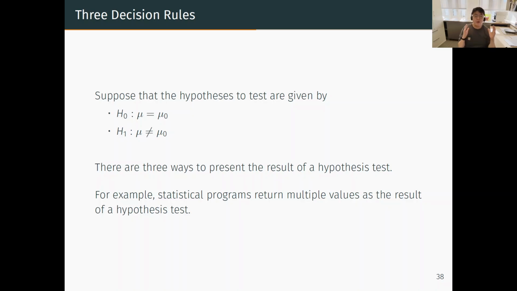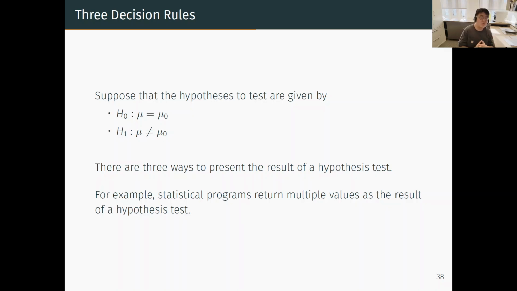But actually, there are three different ways to present the result of a hypothesis test. Some programs do not give you the p-value, but will only give you the t-statistic, right? So you can still calculate the p-value, or you can make the decision directly from the t-statistic.